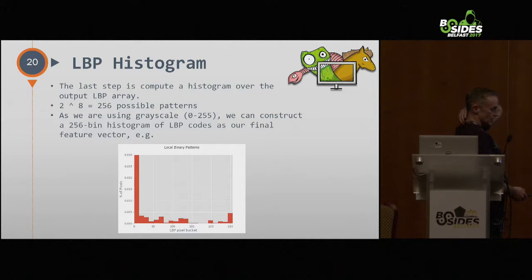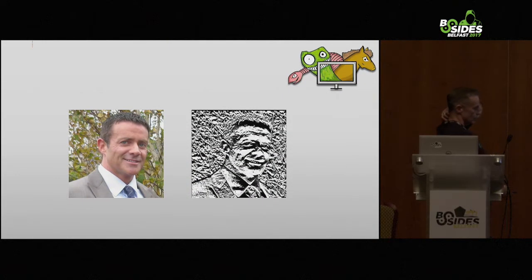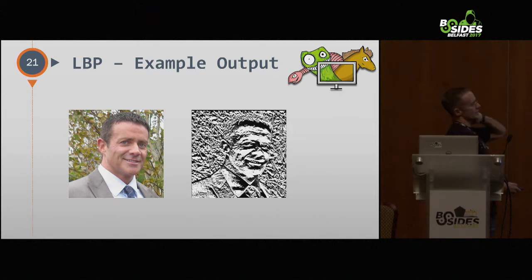Just to illustrate the point, I took a picture from my folder a couple of days ago, and I passed it through the LBP feature descriptor, and it gives me this kind of hideous-looking picture. It was bugging me what that picture reminded me of over the last couple of days. So it hit me yesterday evening. I don't know whether it was because it was a long day finishing putting these slides together. I was tired and getting giddy, but I came up with this.